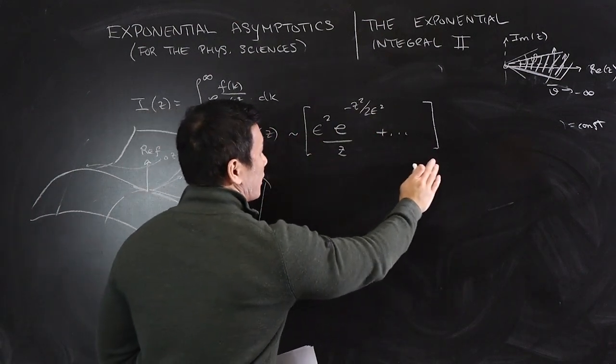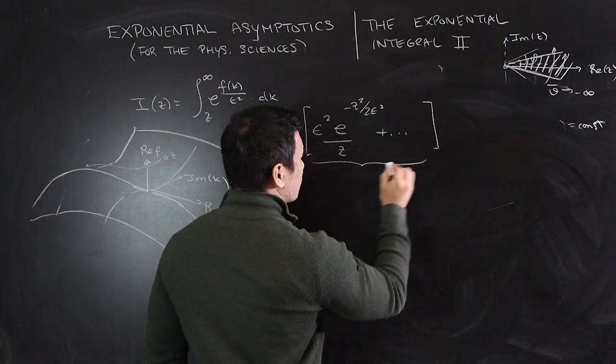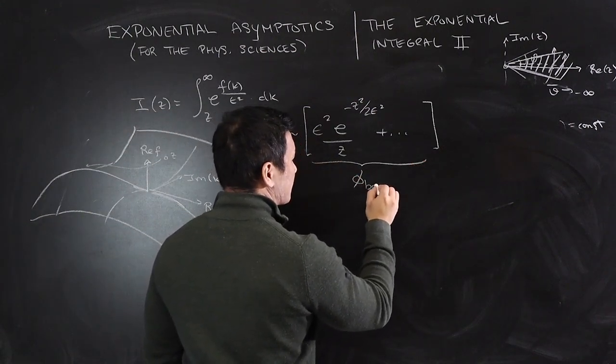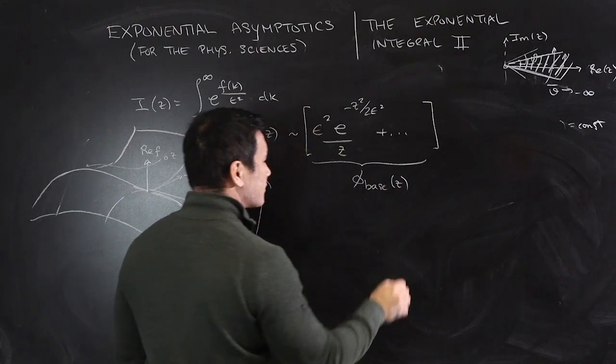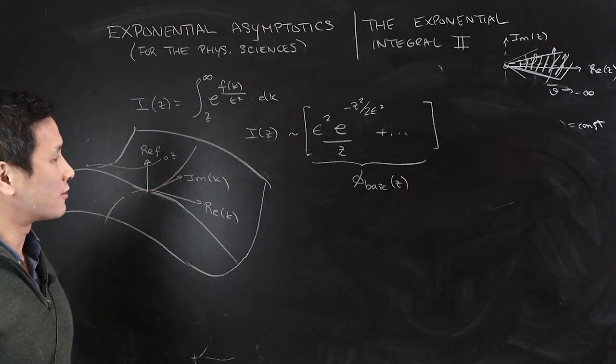So this is all from the endpoint. This is the endpoint contribution, which sometimes I'm going to call the base series. That's the usual asymptotic approximation that you develop.